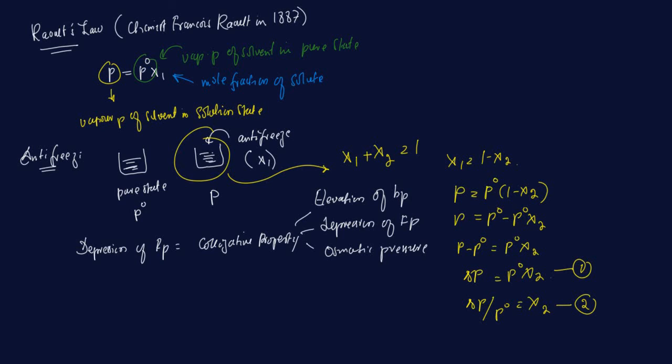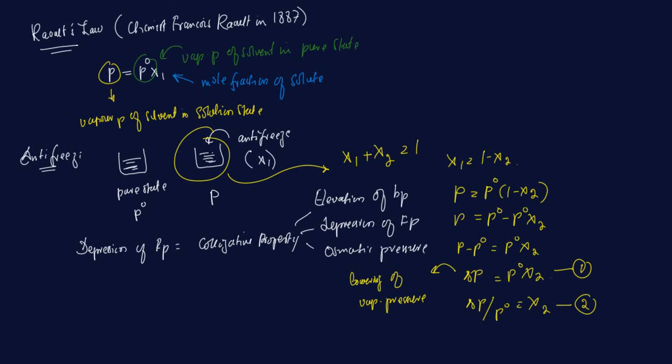As far as equation 1 is concerned, this means that when you make a solution of a particular solvent, the vapor pressure will definitely be lowered. So ΔP is the lowering of vapor pressure of water.